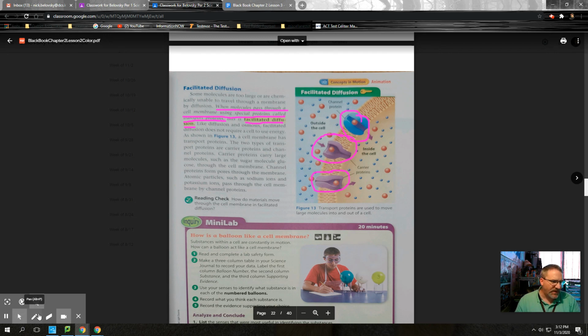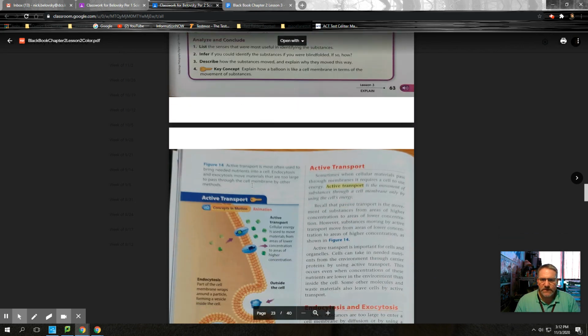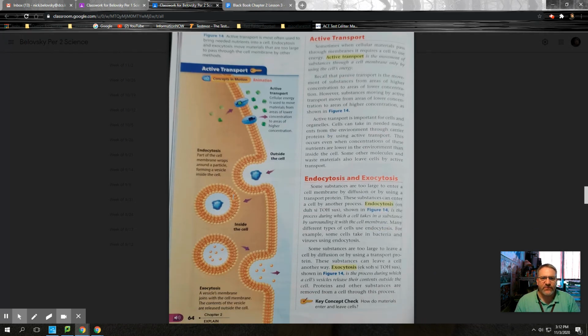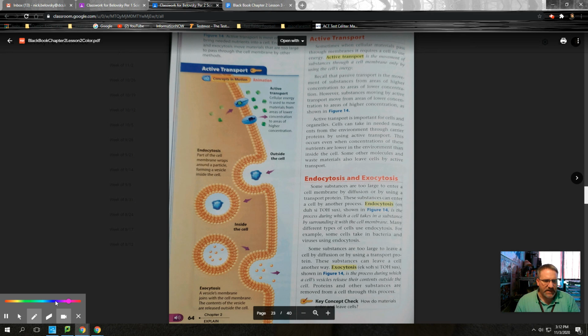All right. The next word is active transport. Here is active transport right here. Let me get a purple color here. Active transport is the movement of substances through a cell membrane only by using the cell's energy.